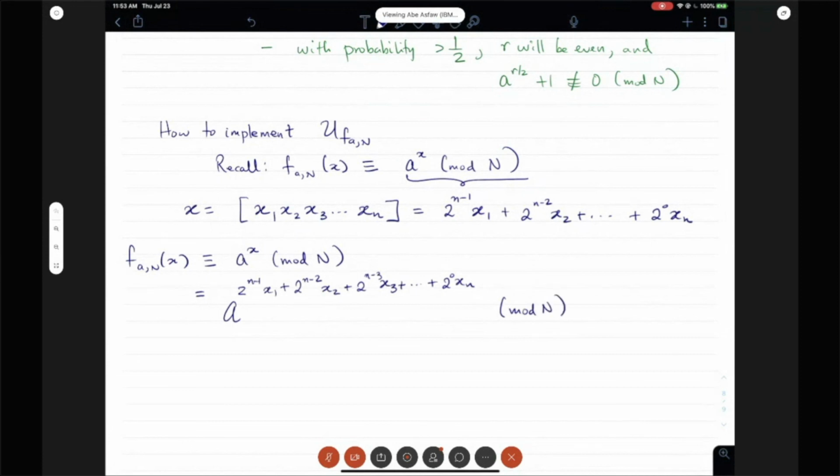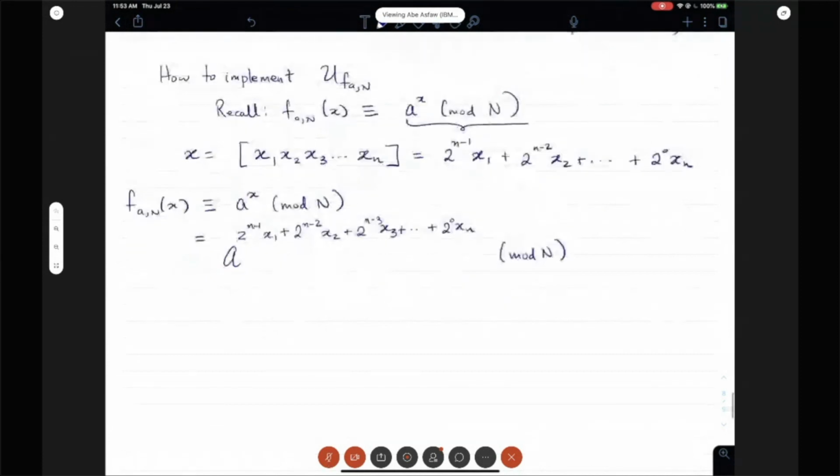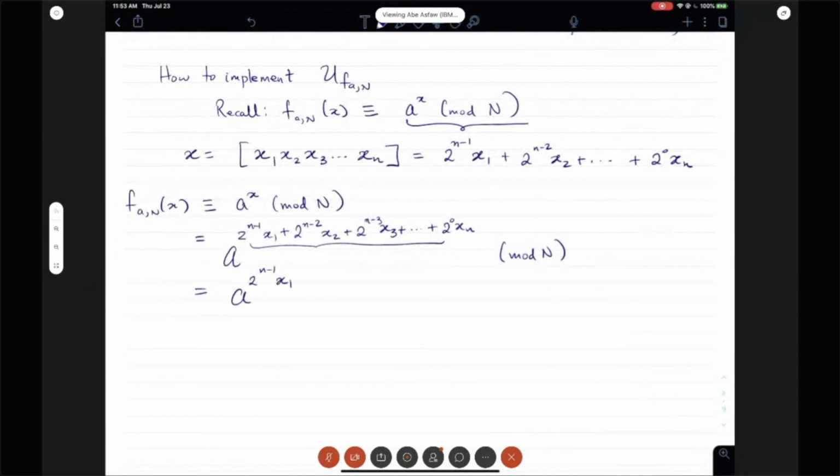Now, this is a series of sums in an exponent, so you can write them down as products. So this is a to the power of 2 to the power of n minus 1, x1, a to the power of 2 to the power of n minus 2, x2, going all the way down to a to the power of 2 to the power of 0, xn, modulo n again.